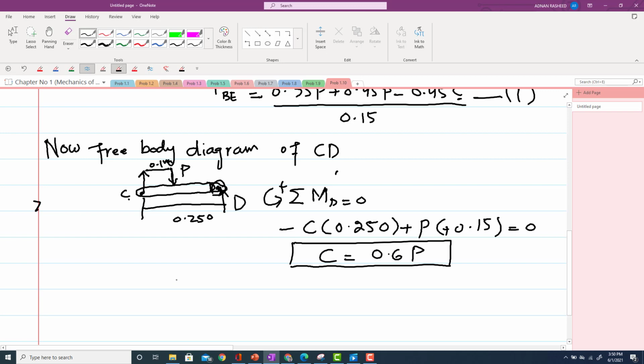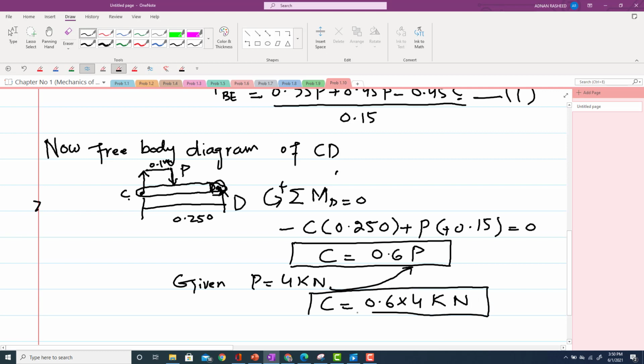Now P is given as 4 kilonewton. Clear? So if you put this over here, you will get C is equal to 0.6 multiplied by 4 kilonewton. This is equation 2. So you have to put equation 2 in equation 1, which is given above.